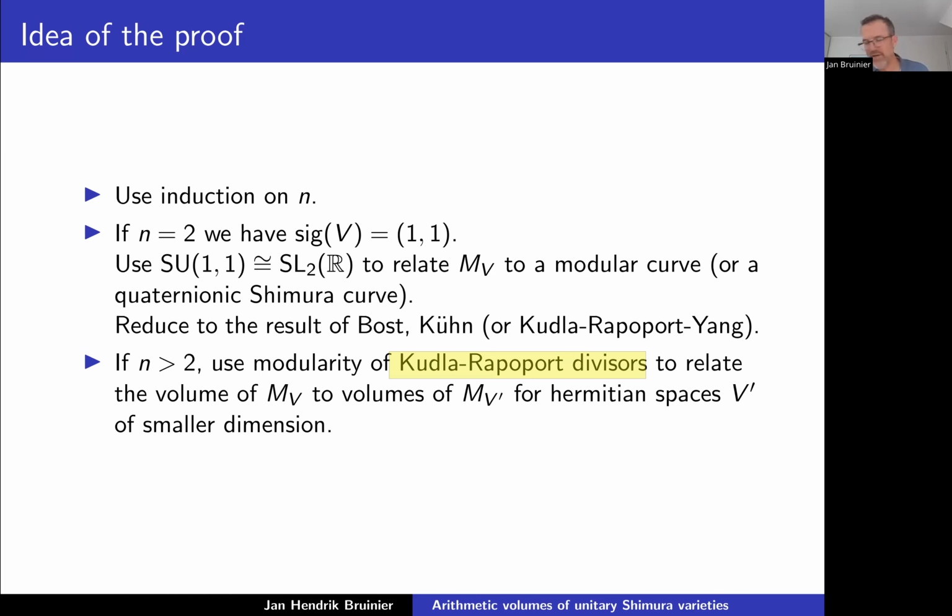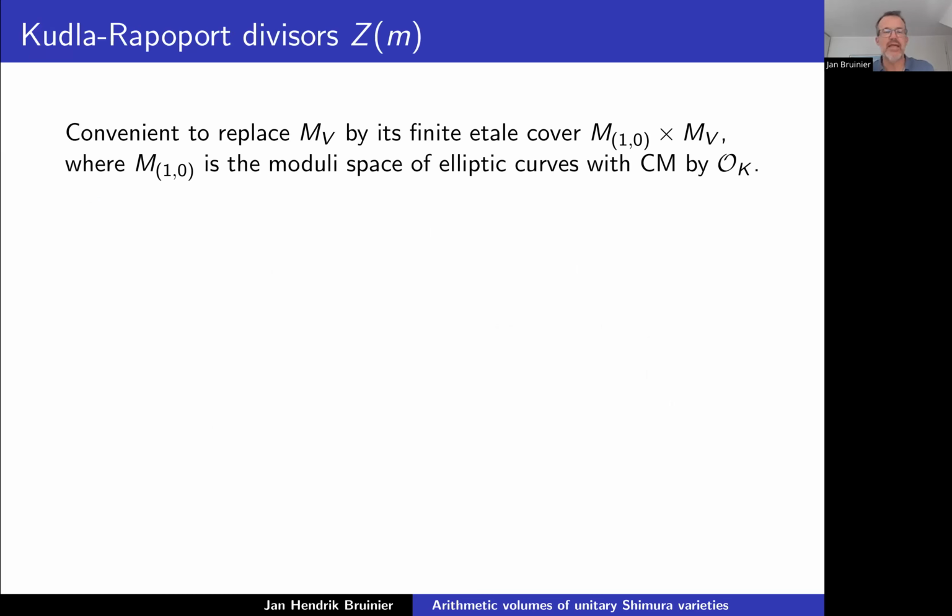Okay, so in order to describe this in a bit more detail, we need to introduce these Kudla-Rapoport divisors. How are they defined? This is what I want to explain next. For every non-negative integer m, there's a Kudla-Rapoport divisor Z(m), and I want to define it. In order to define it, it turns out that it's useful to replace this moduli space MV by a finite étale cover.